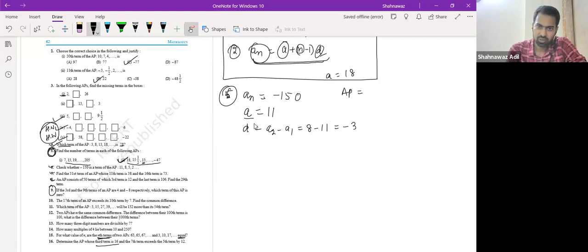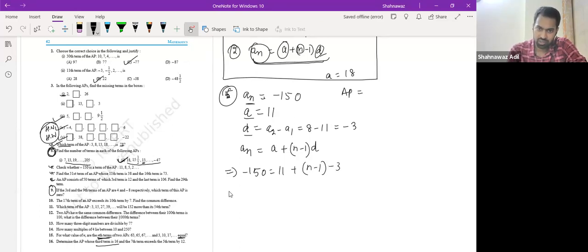Right, so now we know A, we know D, and we don't know n. So let's plug in the values. AN is minus 150, A is 11, and D is minus 3.